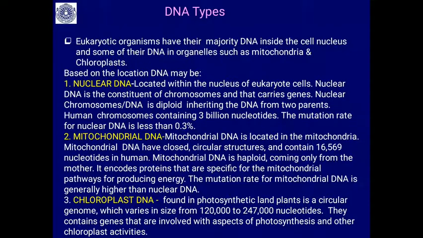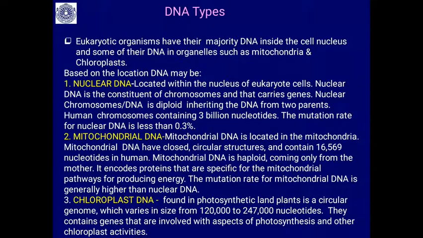Nuclear DNA is the part or constituent of the chromosome, which carries the genes. The nuclear DNA is diploid. You know that a haploid number of chromosomes is contributed from the sperm and a haploid number from the egg, resulting in a diploid zygote.